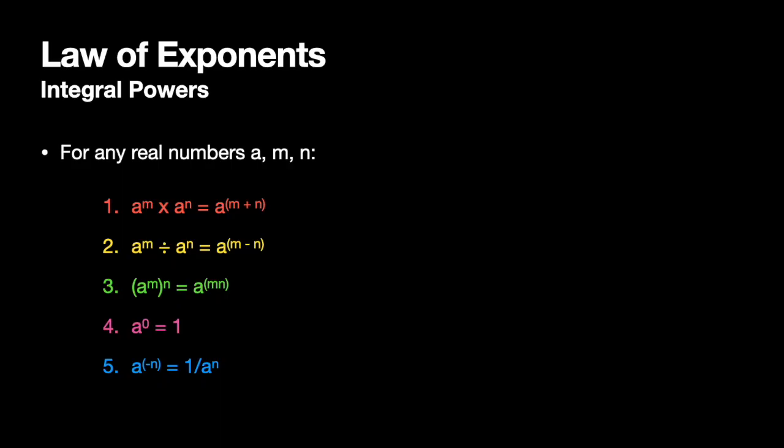So our expression is now a to the power of m times n, or just mn. The fourth one applies in all cases. So any number a raised to the 0th power, so a to the power of 0, is always going to equal 1.